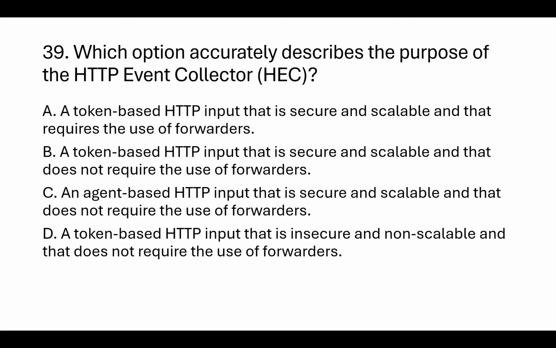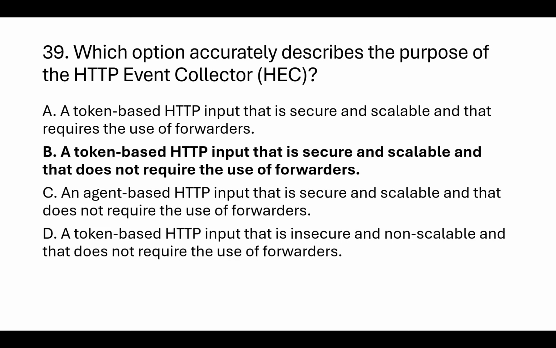Option C, an agent-based HTTP input that is secure and scalable and that does not require the use of forwarders. Option D, a token-based HTTP input that is insecure and non-scalable and that does not require the use of forwarders. And the possible right answer is option B, a token-based HTTP input that is secure and scalable and that does not require the use of forwarders.